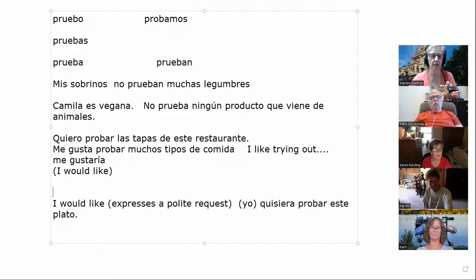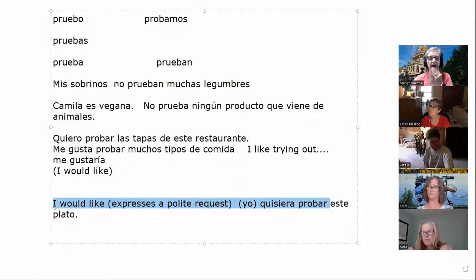Wait a minute. How is that different than I would like this? Actually, quite different. Oh, let's see how. Wait a minute. Me gustaría does mean I would like. Well, then why do we have me gustaría and quisiera probar?